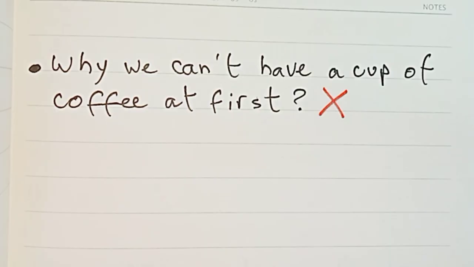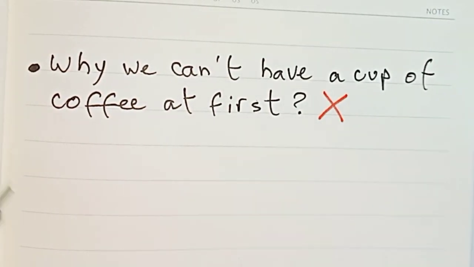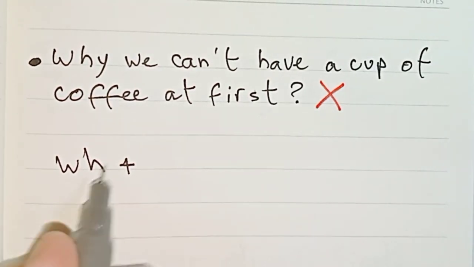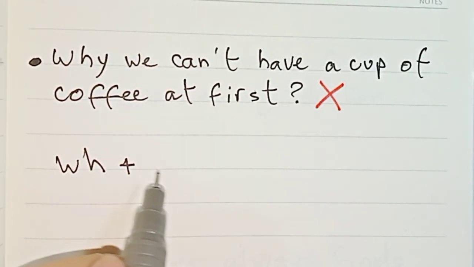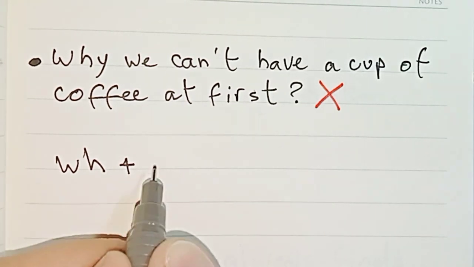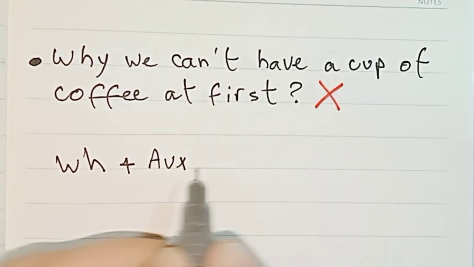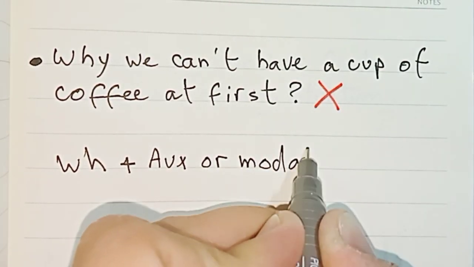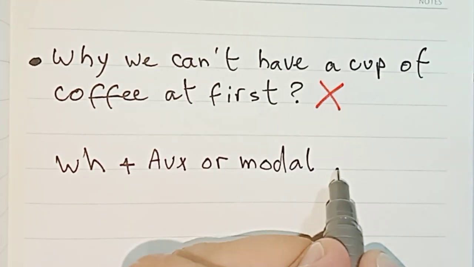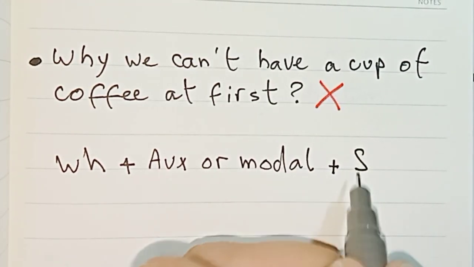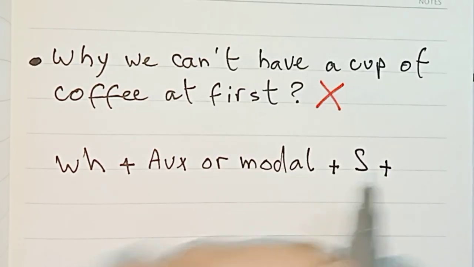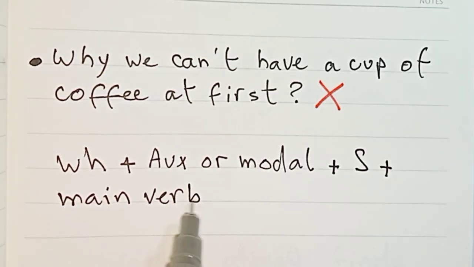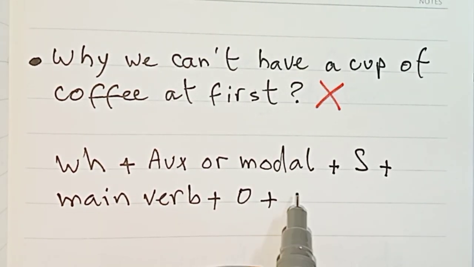Because the rule says WH plus auxiliary verb or modal verb plus subject plus main verb plus object plus question mark.